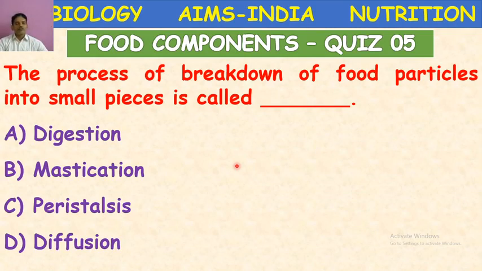Actually, the definition of digestion is the breakdown of food materials into the smallest particles which are ready to assimilate. But here only small pieces is given. So the right option is mastication in the mouth. The process of digestion begins in the mouth or oral cavity, where the food material is broken down into small pieces. The answer is B, mastication.